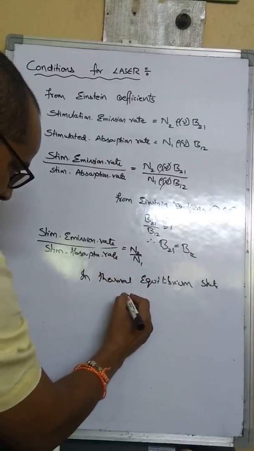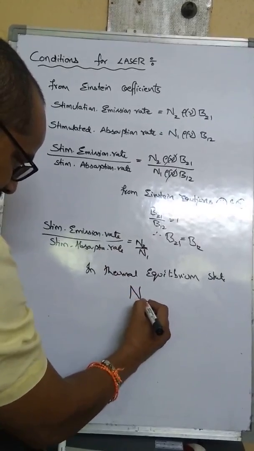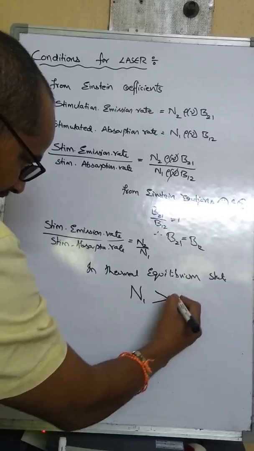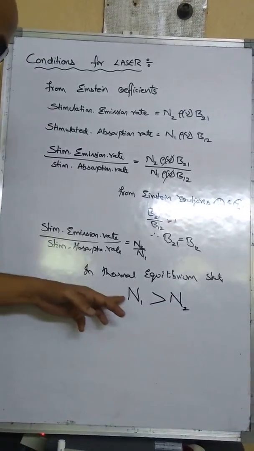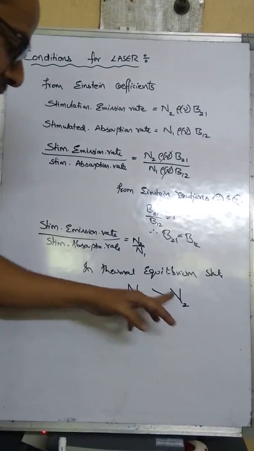But in thermal equilibrium, definitely N1 will be greater than N2.